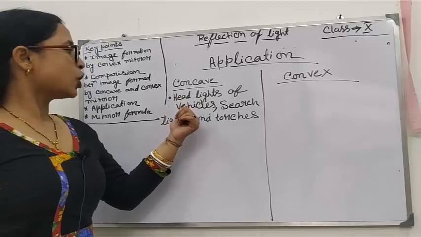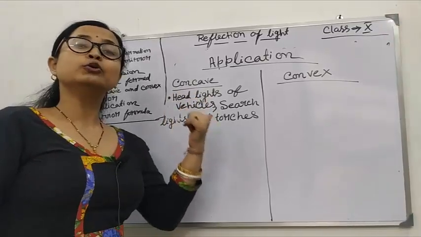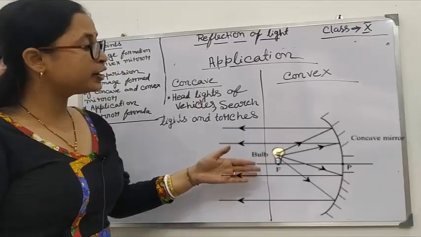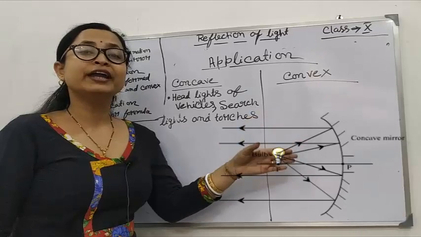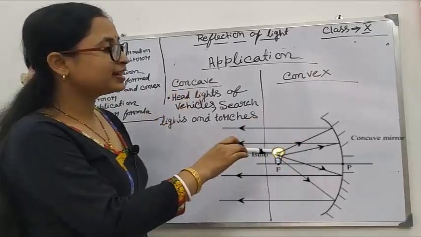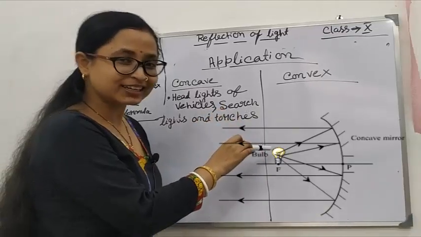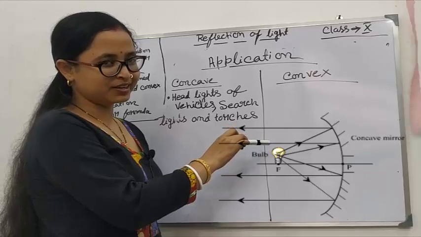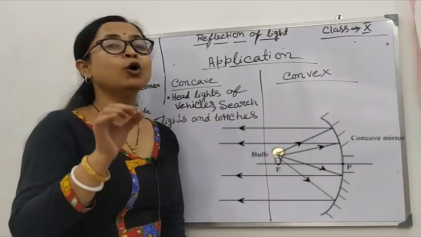So in case of reflector or in case of headlights of the vehicle, here we use the concave mirror and we just place the bulb at the focus point of the mirror. As you see, whenever the incident light ray passing through the focus point is incident on the concave mirror, after reflection it will produce a parallel beam of light.